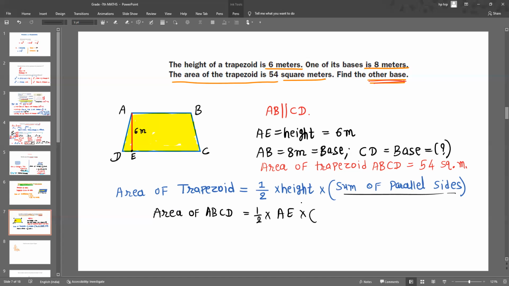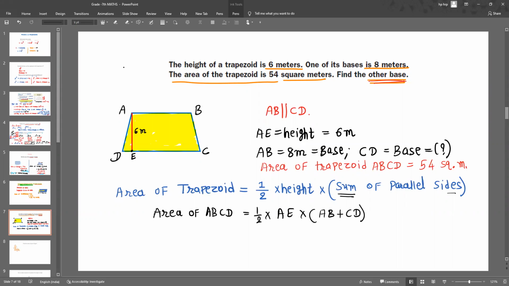Sum of parallel sides means what? Which sides are parallel? AB and CD, so we have to add those sides: AB plus CD. Understand? Any doubt in this step?